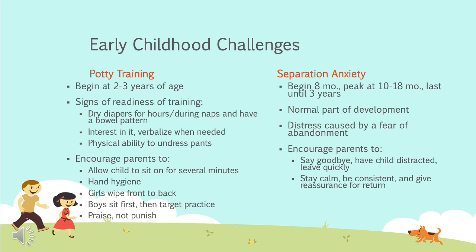The next is separation anxiety, which we touched on briefly before. So again, this begins at 8 months, so very young, but it peaks at 10 to 18 months, so in that toddler range. And it usually lasts until about age 3, depending on the child. It's important to know and to tell parents that this is normal. It's part of their development.